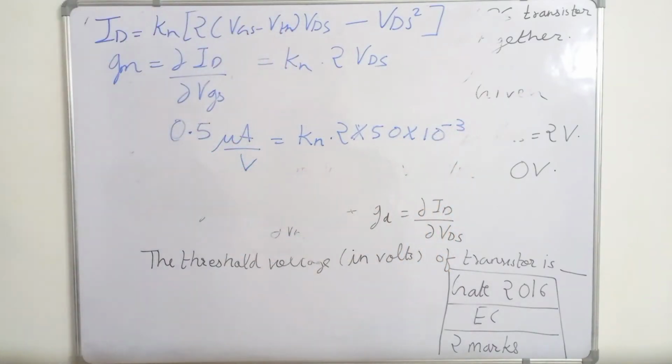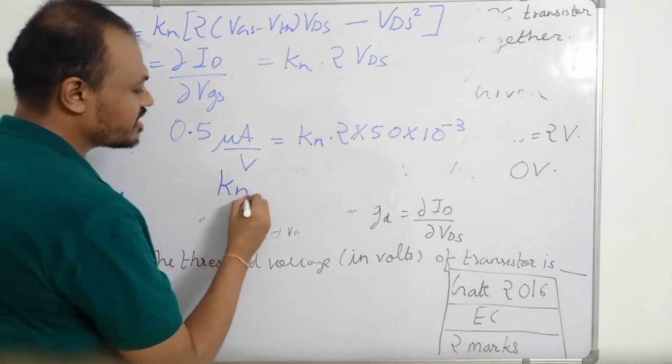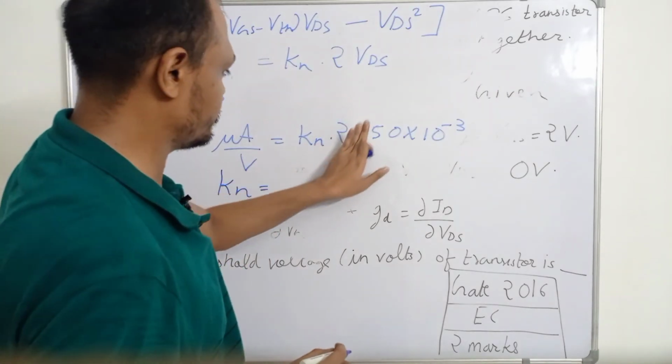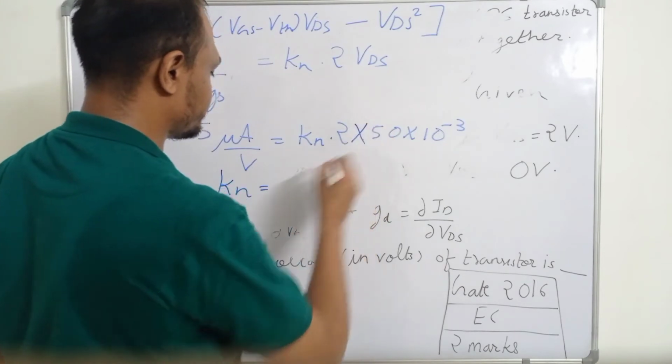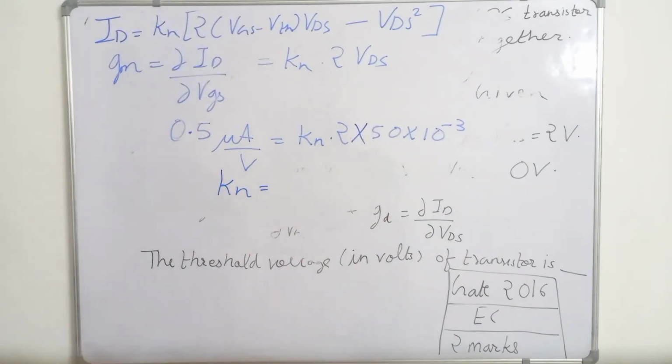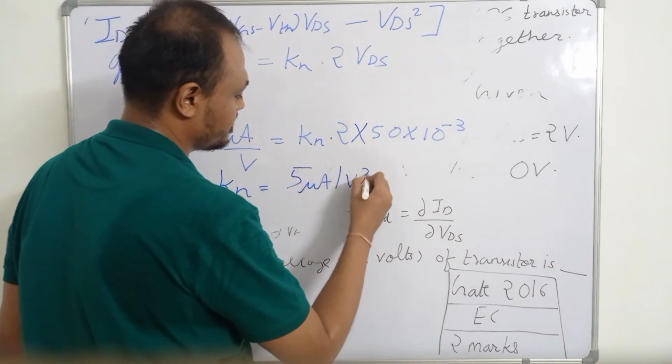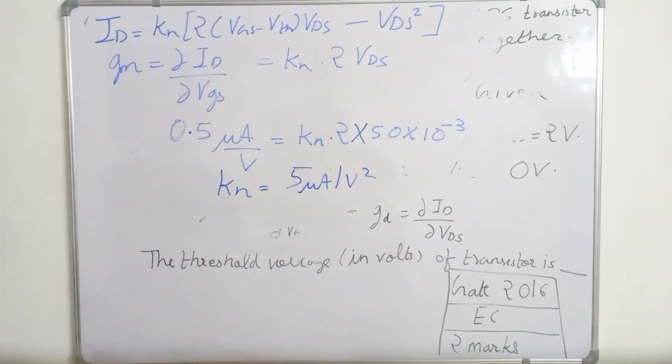From this we can find the value of Kn. The value of Kn will be equal to 5 microampere per volt square.